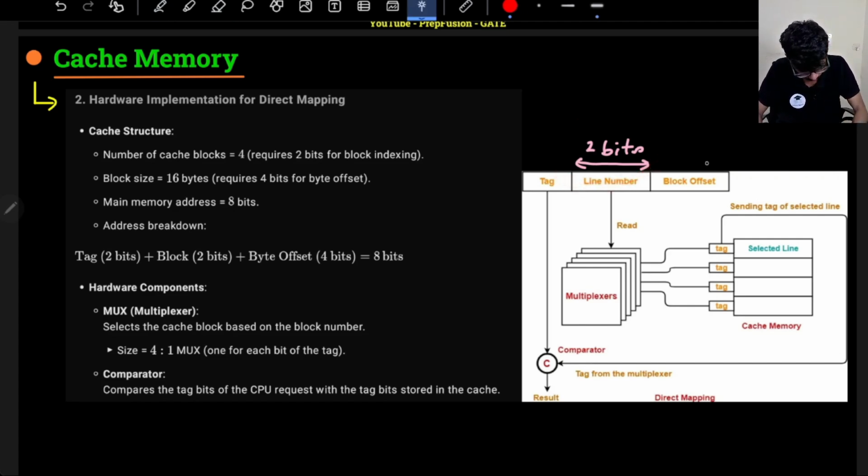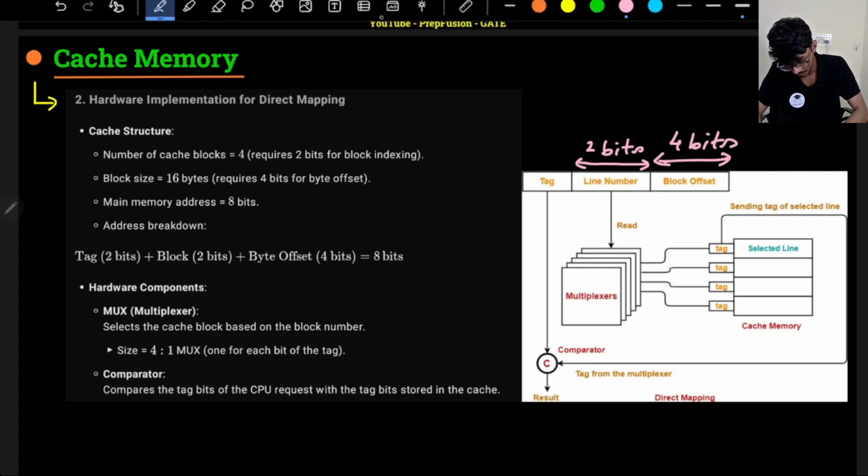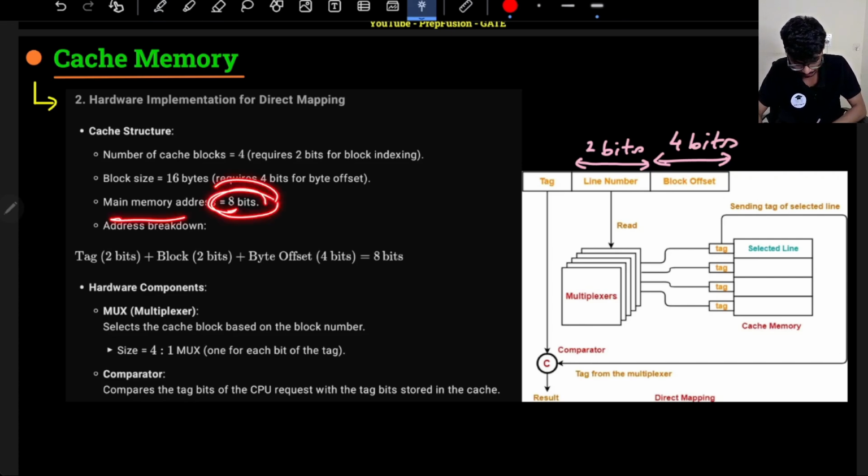Now what about the byte offset? They have told me the block size is 16 bytes. So the byte offset will be 4 bits. Now the main memory address is 8 bits, so my whole main memory address is 8 bits.